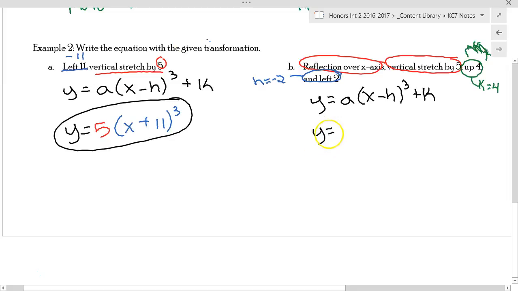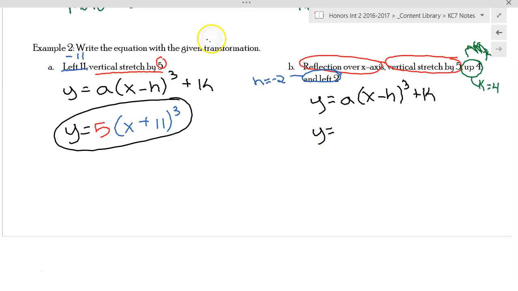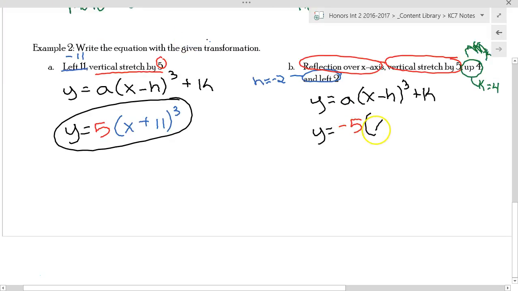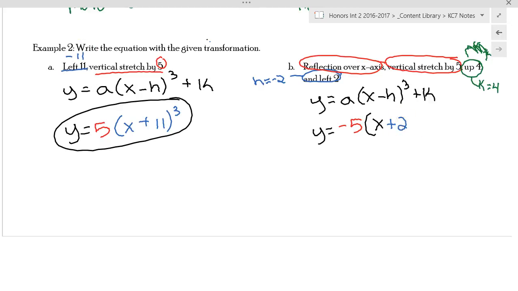So y equals, my a is both negative and changed to 5. Then x. Now, h is negative 2, so I have to change the sign, plus 2. H always changes no matter which direction you're going.